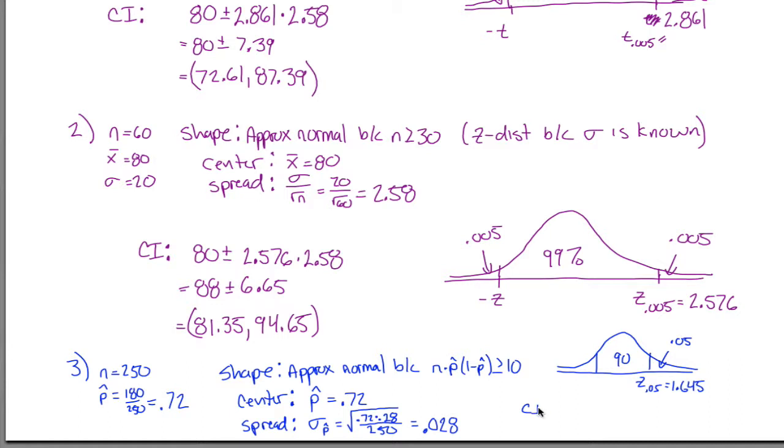So my confidence interval goes from my point estimate of 0.72, and I have to go up or down by 1.645 of these standard deviations. Each standard deviation is about 0.028. So if you multiply 0.028 times 1.645, you get about 0.047.